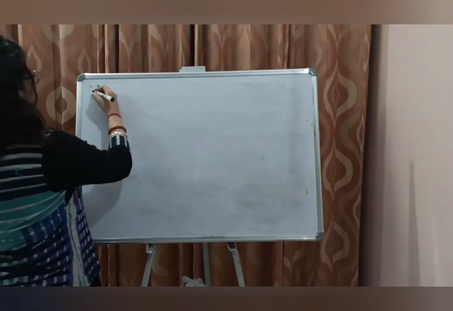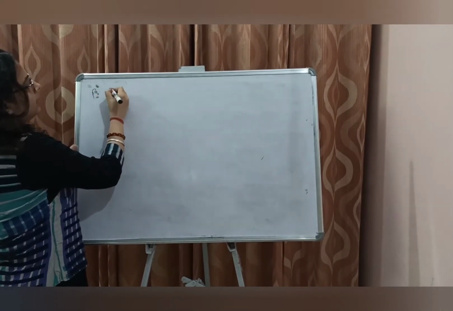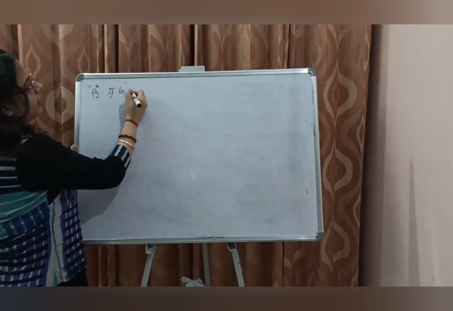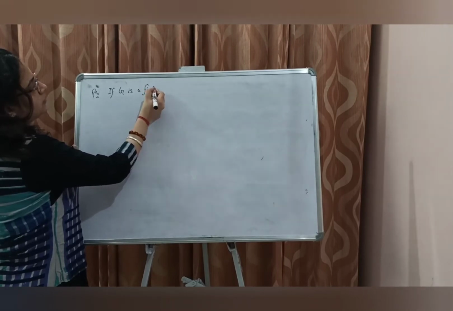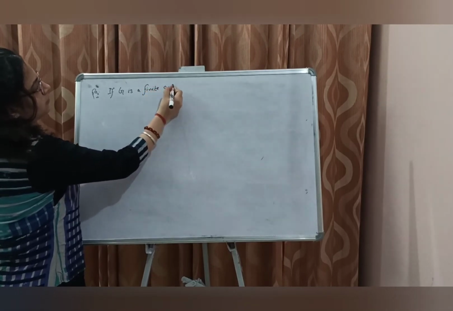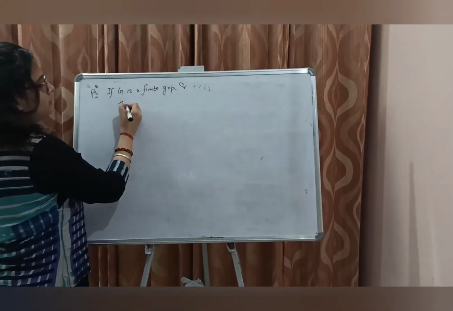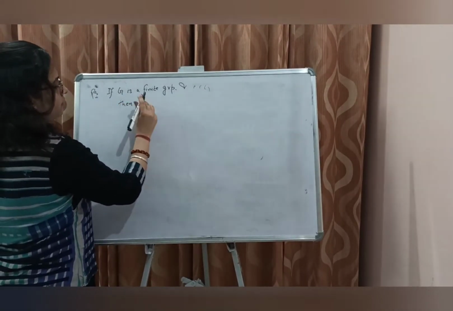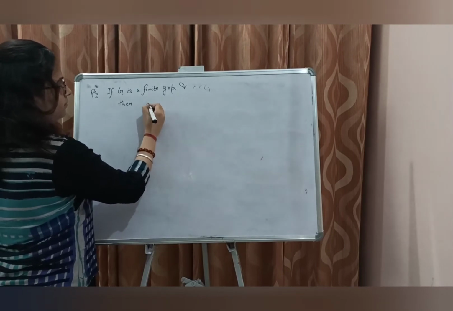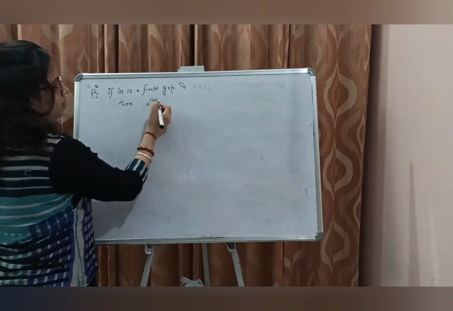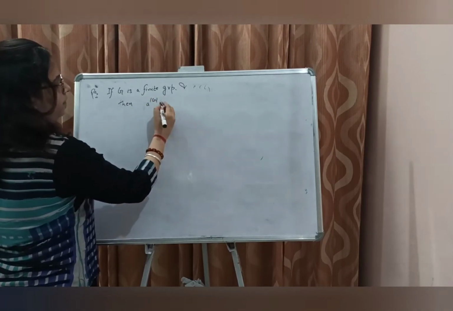Now the last property is, if G is a finite group and A belongs to G, then A to the power of the order of G is equal to identity.